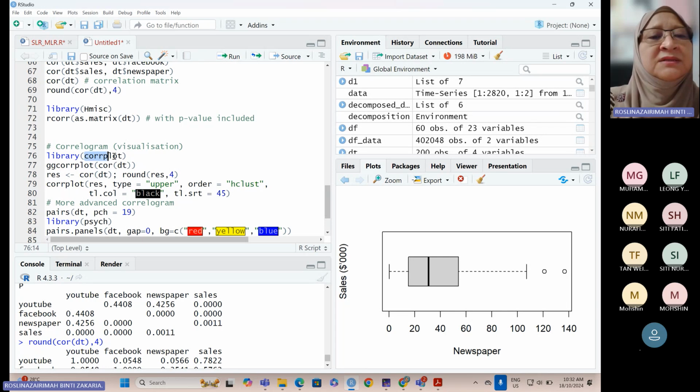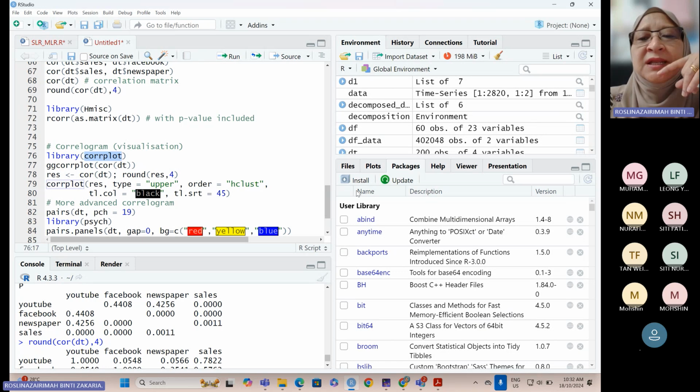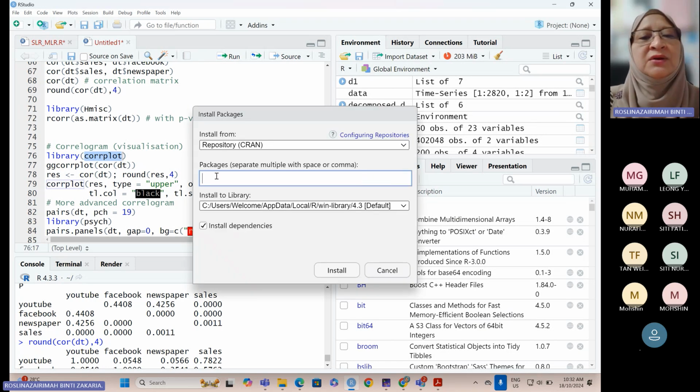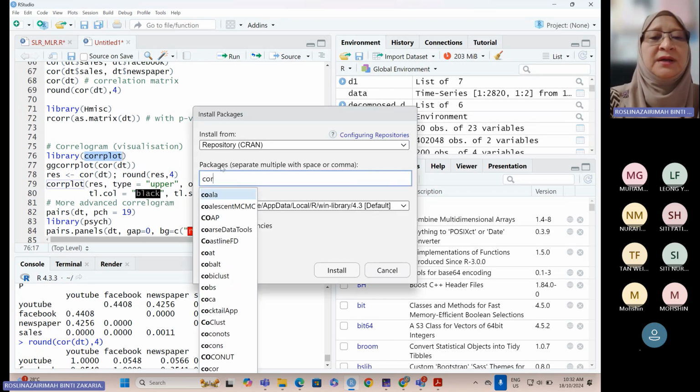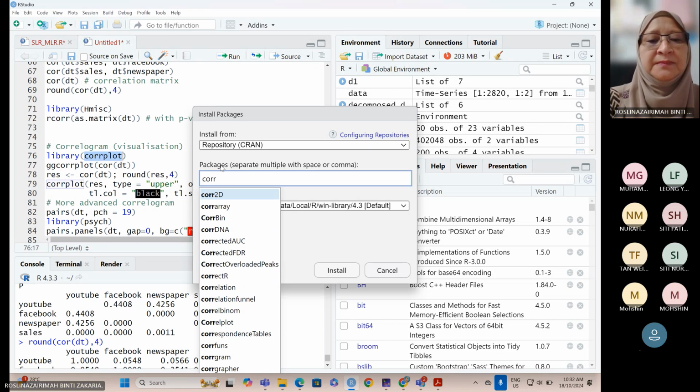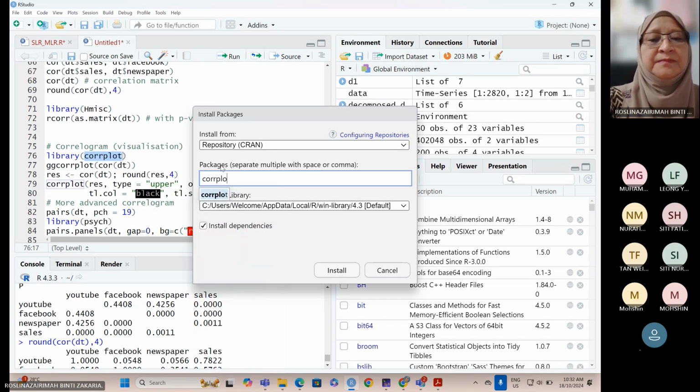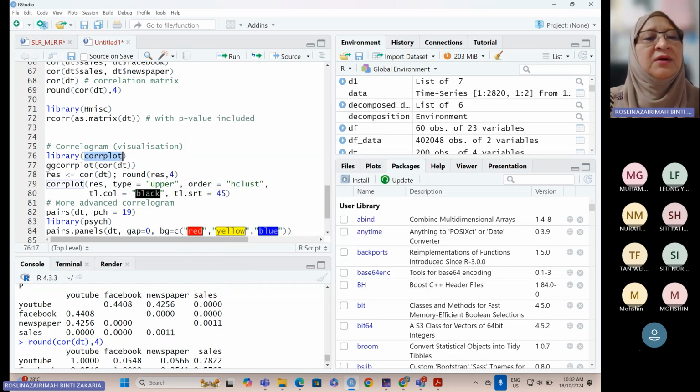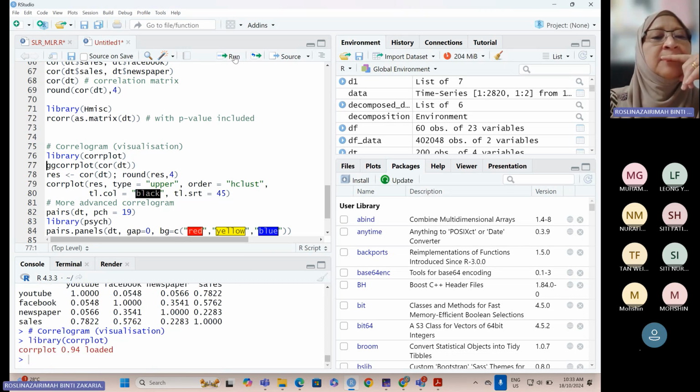If you don't have it, you need to install it first, as usual. Go to packages and then install. Write corrplot, then install as usual. After you install, call it with library. Then you've got it.